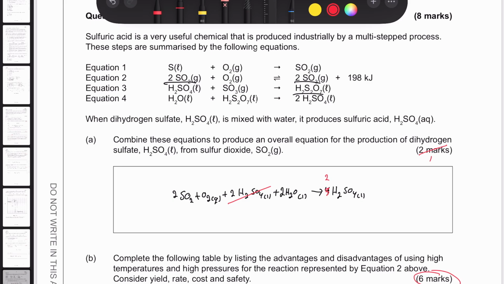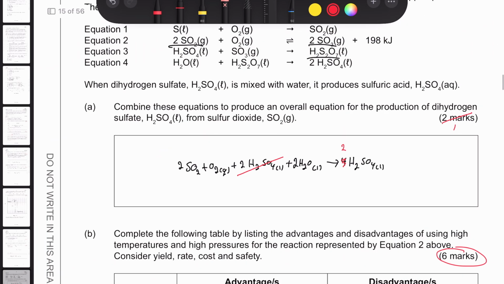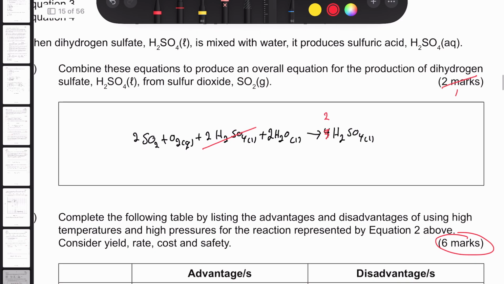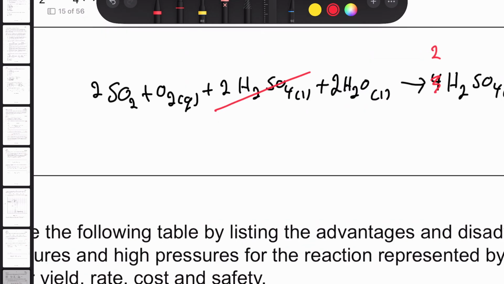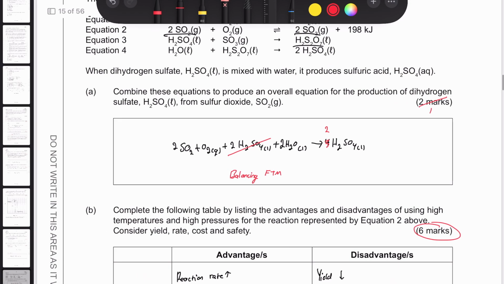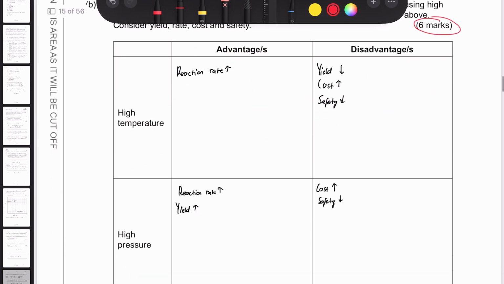Correct balancing? I guess that's correct balancing, so I knocked the product for correct. I didn't get the correct product and reactants because I had H2SO4 as a reactant, but I suppose I got correct balancing, so balancing follow through mark. That must have been what I was thinking.